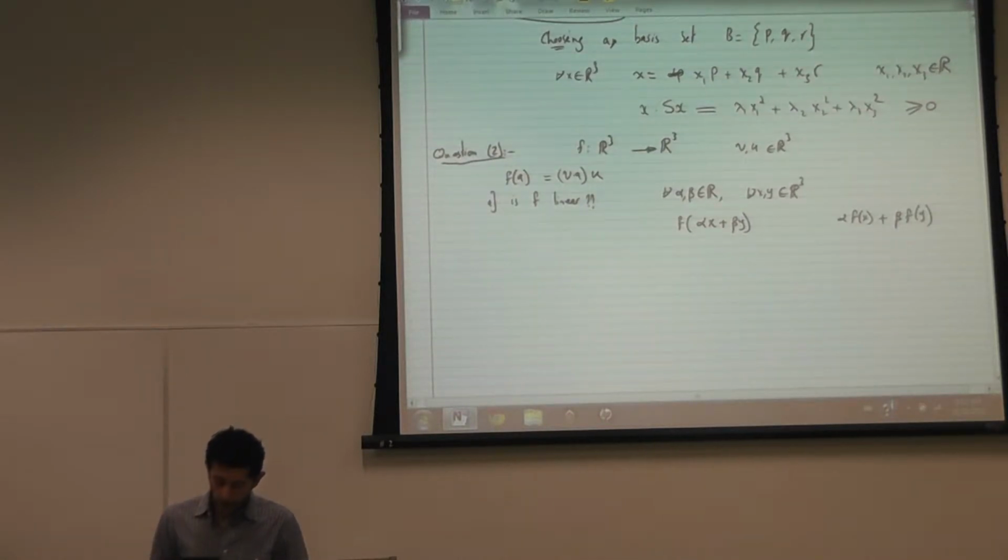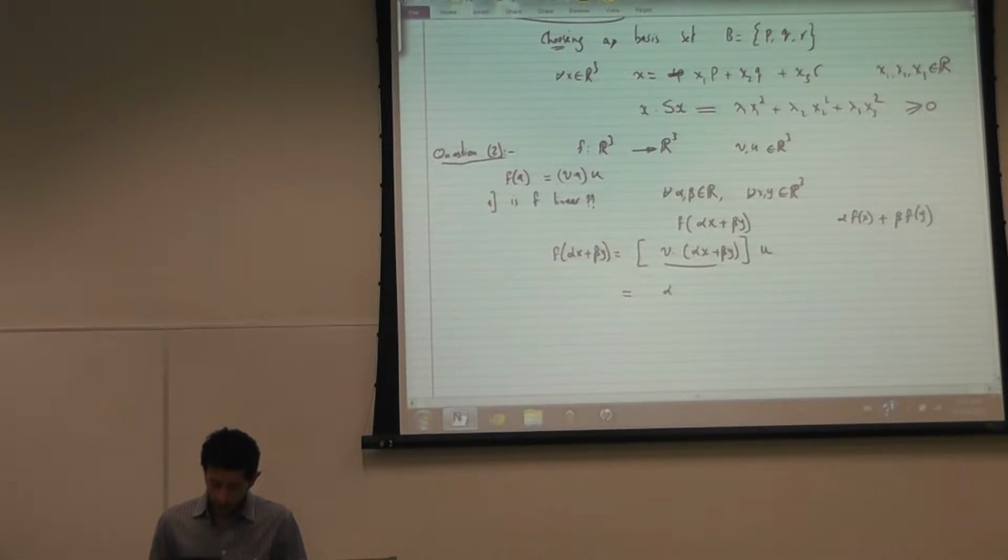Let's try f of alpha x plus beta y. This goes instead of A. So this is v dot alpha x plus beta y in the direction of u. This is a dot product. The nice thing about the dot product is it's linear.